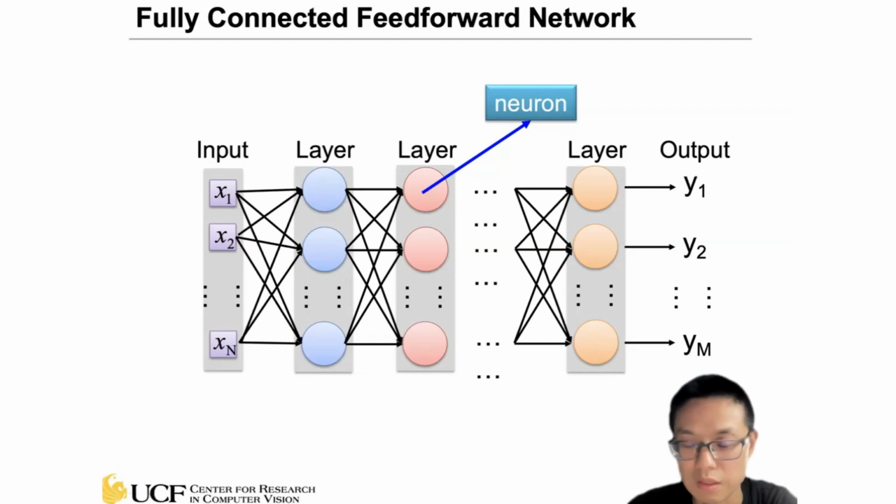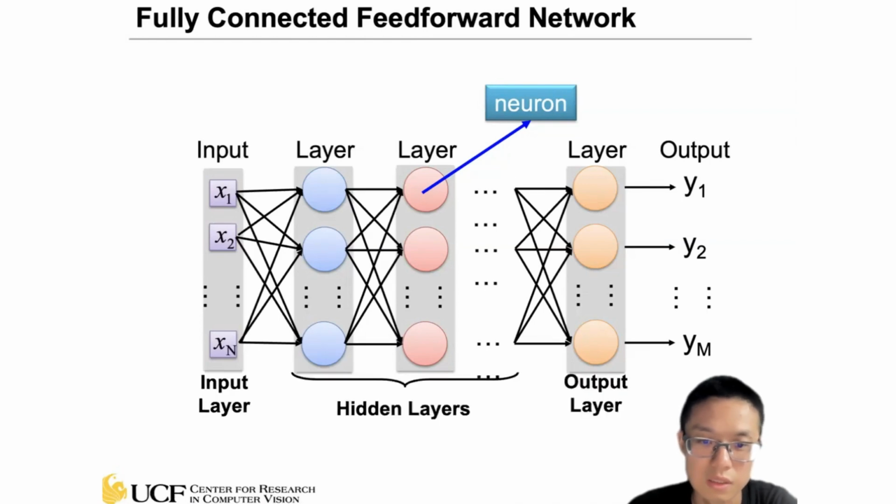You can put as many layers as you want. These are called the hidden layers, okay? And for each hidden layer, you have all these neurons, and they are fully connected with the neurons in the previous layer. So you can see all these arrows, they are connected with each other, okay?